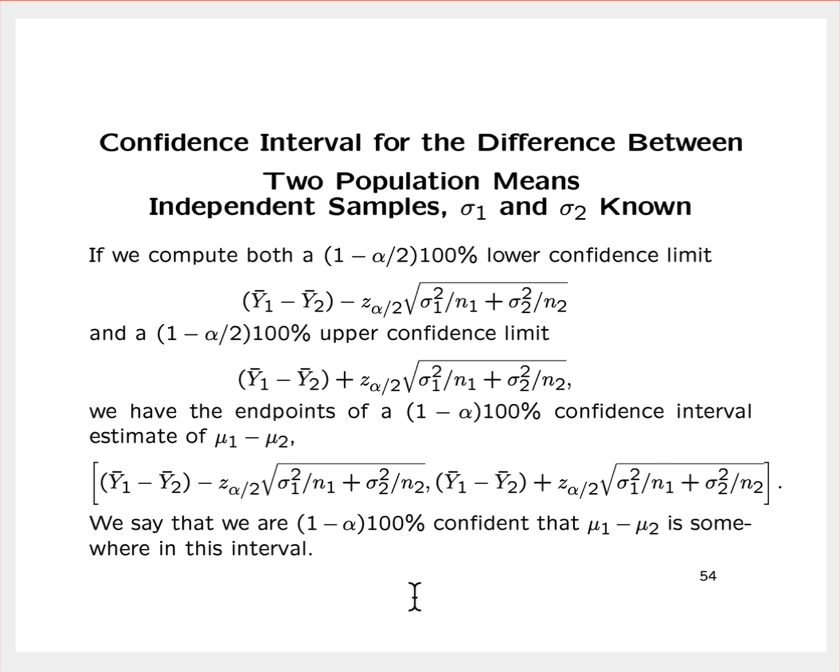And so once we have our data and have calculated the two endpoints, we say that we are 1 minus alpha times 100% confident that the difference in the population means mu1 minus mu2 is somewhere in this interval.